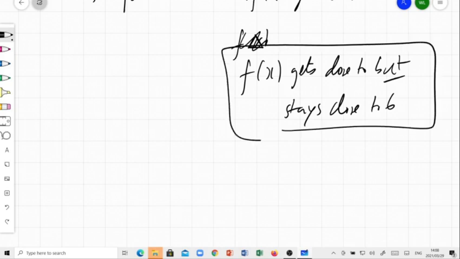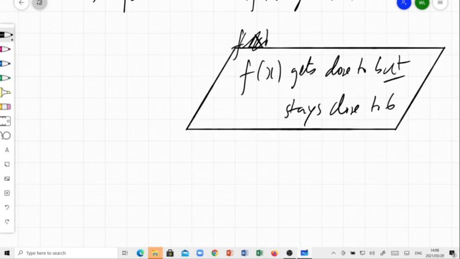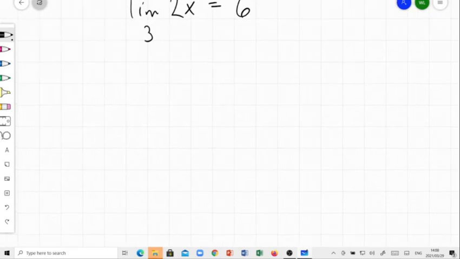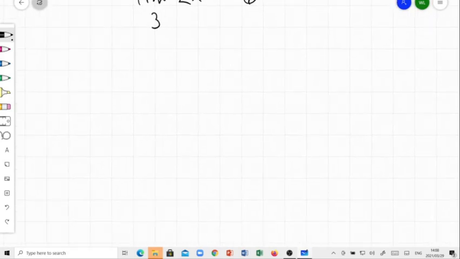So it is not only the idea of getting close to, but actually the idea of staying close to. That is what we mean by the limit at 3 of the doubling function is equal to 6. Let me explain what that means. This idea is captured by what we call the formal definition of a limit.